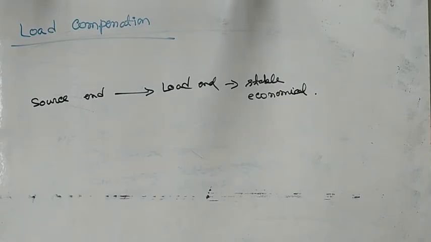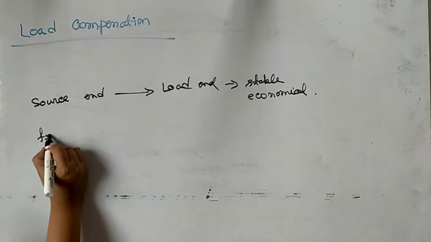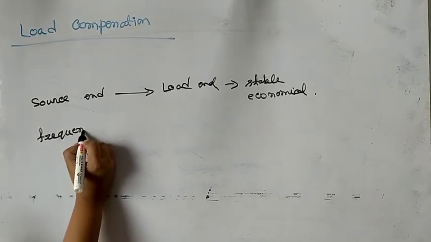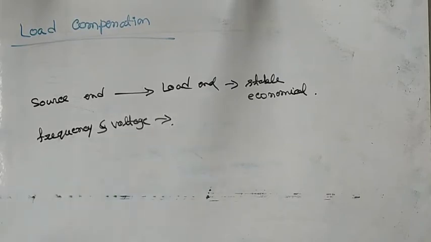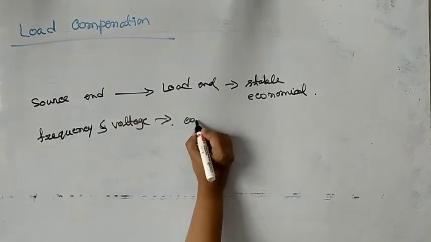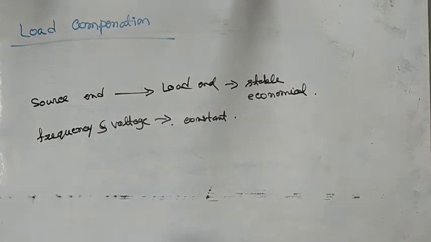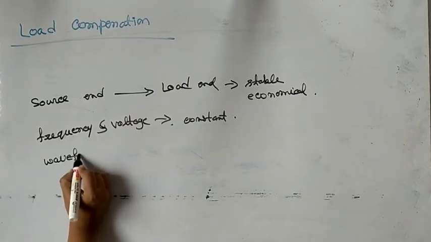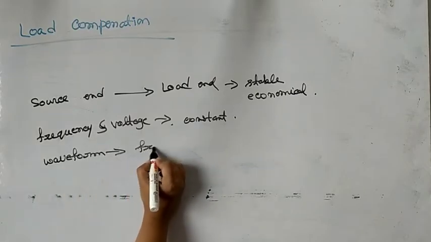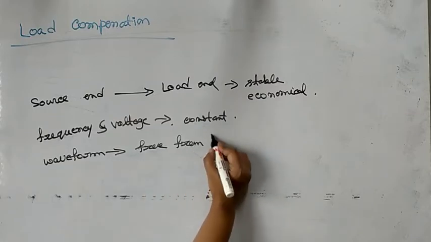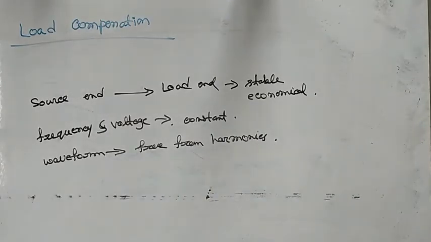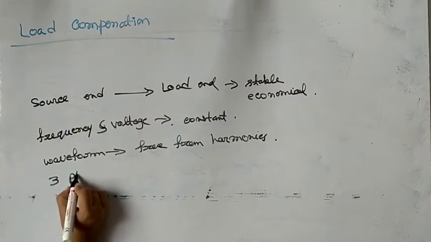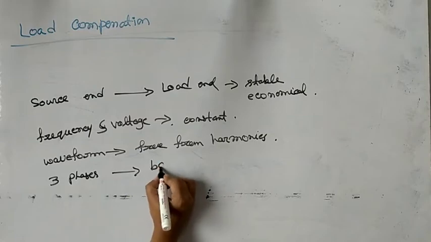Now, it is imperative that the frequency and voltage at any point of the network remain constant, and the voltage waveforms at any bus are free from harmonics, and the three phases are balanced.